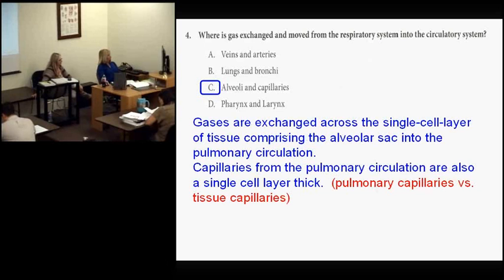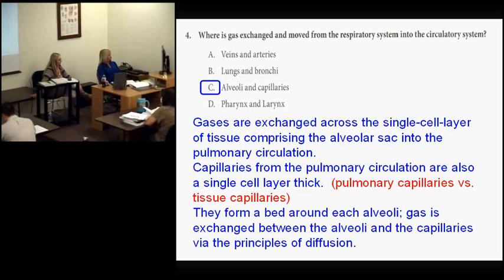The capillaries from the pulmonary circulation are also a single cell layer thick. So be aware, pulmonary capillaries versus tissue capillaries. Tissue capillaries are in the vascular system, not in the pulmonary system. They form a bed around each alveoli. Gas is exchanged between the alveoli and the capillaries via the principle of diffusion.